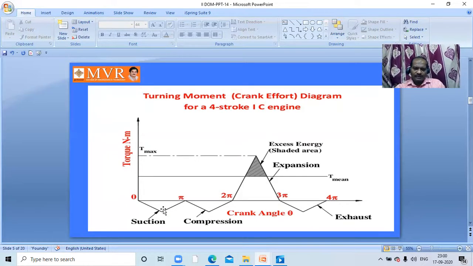For 0 to 90 suction stroke, 90 to 180 compression stroke, from 180 to 270 expansion stroke, or we can say power stroke, and 270 to 360 once again is the exhaust stroke. That means the energy developed here is useful for the remaining three.